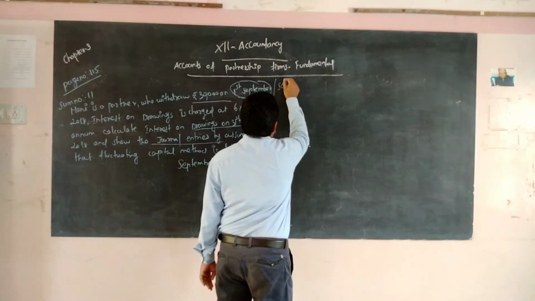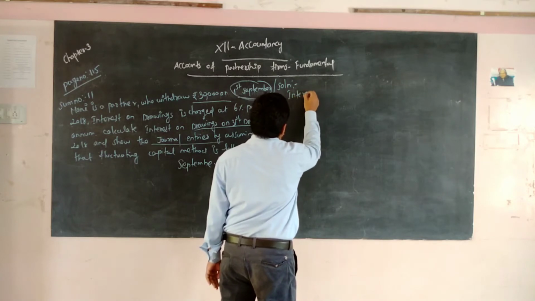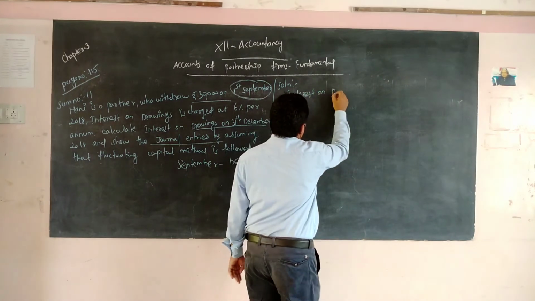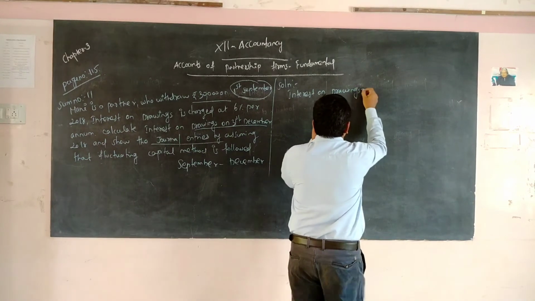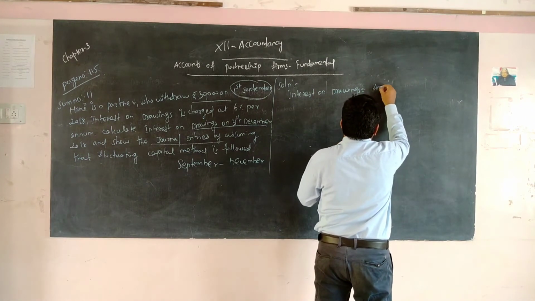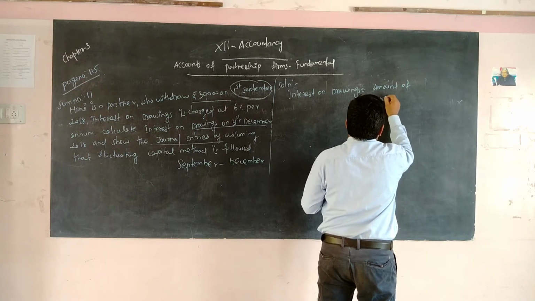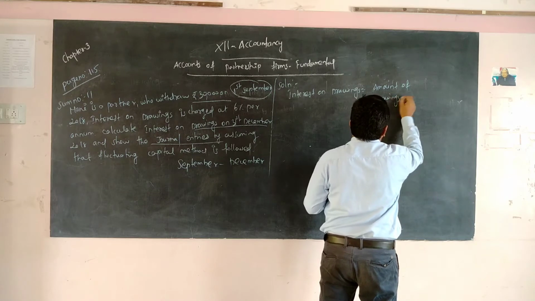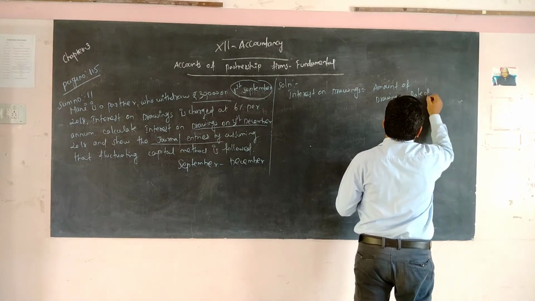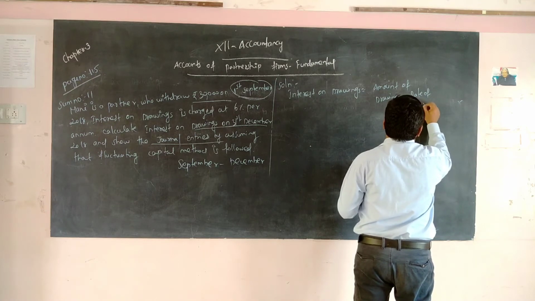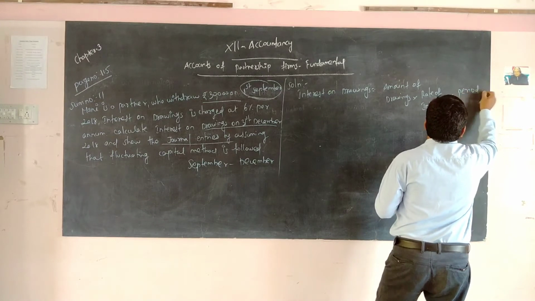So in the solution, interest on drawing equals amount of drawing into rate of interest into time of interest.